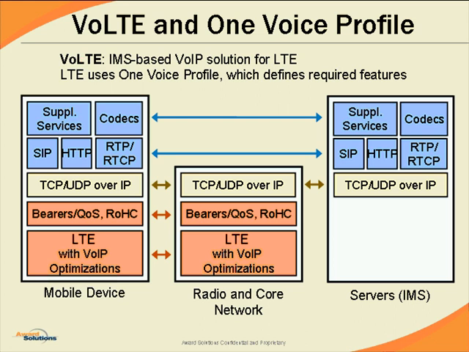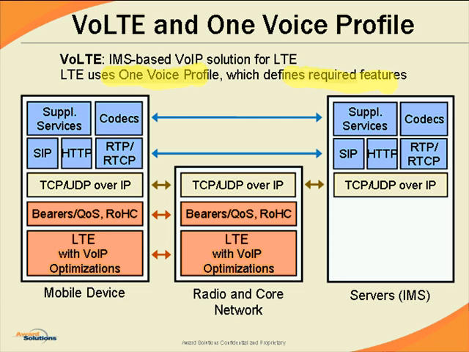Now, several companies came together and created a technical profile, the so-called One Voice Profile. This One Voice Profile basically defines the required features that the UE needs to implement and the network needs to implement, because the IMS itself is extremely flexible.